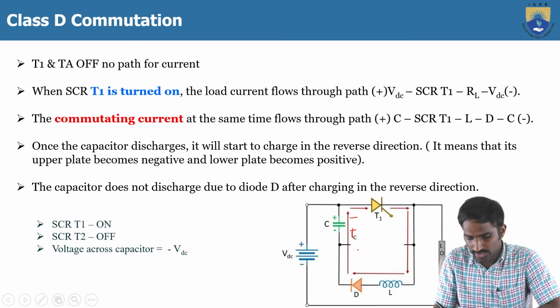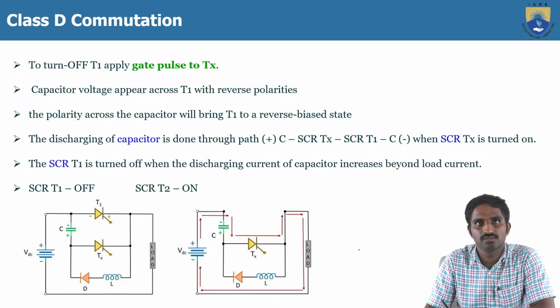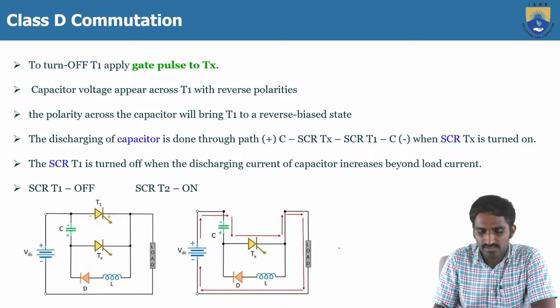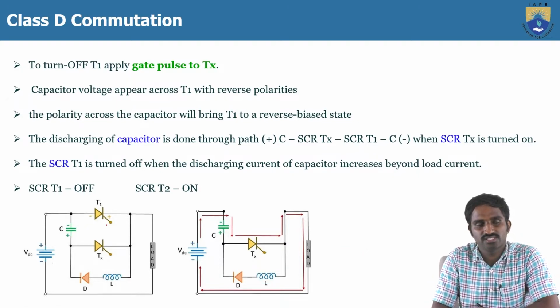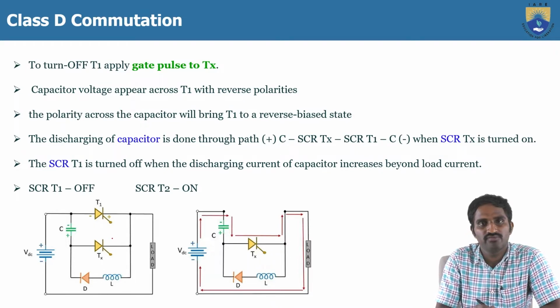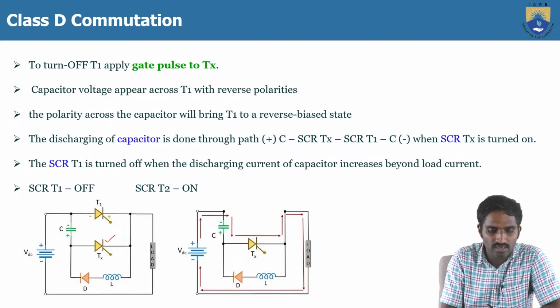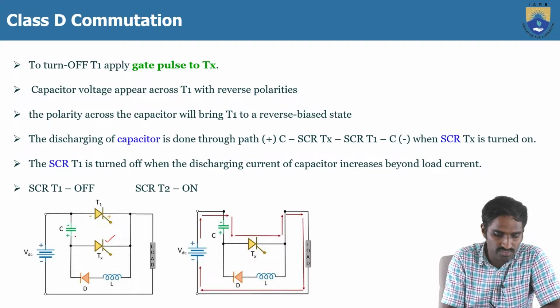To discharge the capacitor, which means to turn off thyristor T1, we are going to turn on the auxiliary thyristor Tx by giving the gate signal. If we turn on thyristor Tx, the capacitor terminals are already changed, which means the capacitor is fully charged with a voltage Vc equal to minus Vdc.